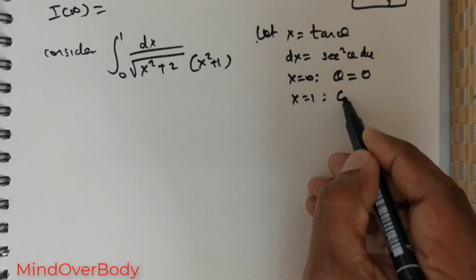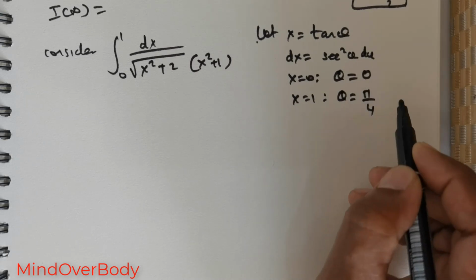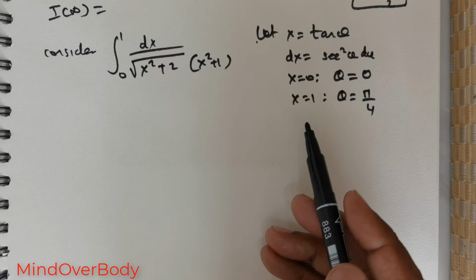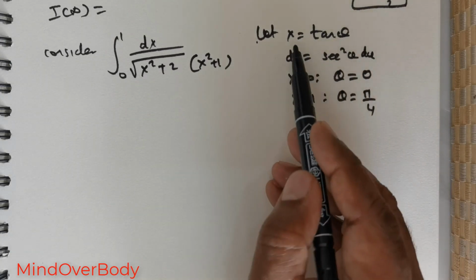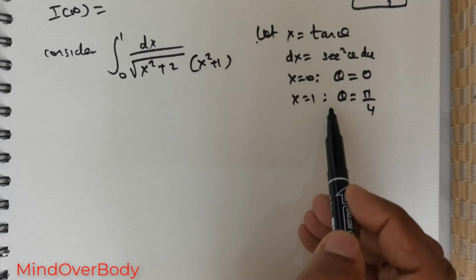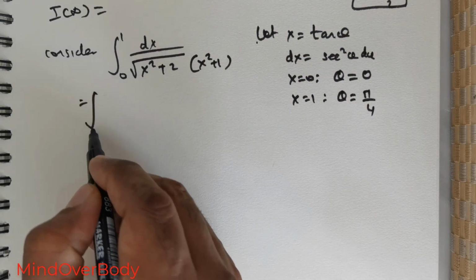When x is equal to 1, my theta will be equal to pi over 4. You can substitute here. When x is equal to 0, tan inverse of 0 will give you 0. When x is equal to 1, tan inverse of 1 will give you pi over 4. So having got that, let me substitute that value.